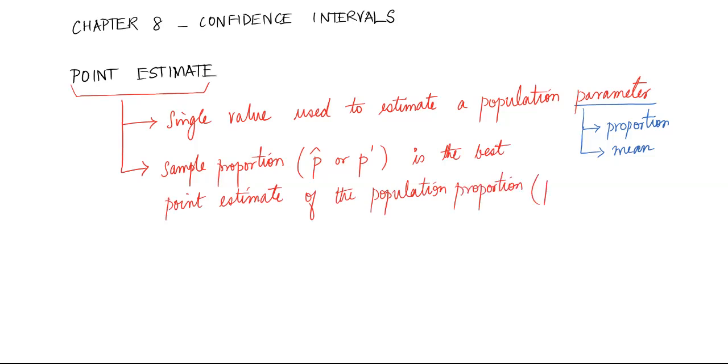And the notation for this is just p. Both are lowercase p's, the sample and the population, but the sample has the p hat or the p prime notation, and the population proportion just has the p.